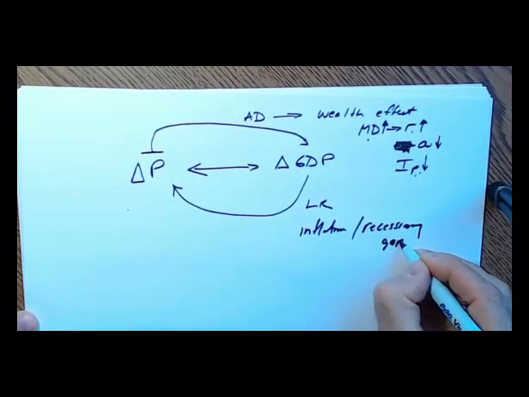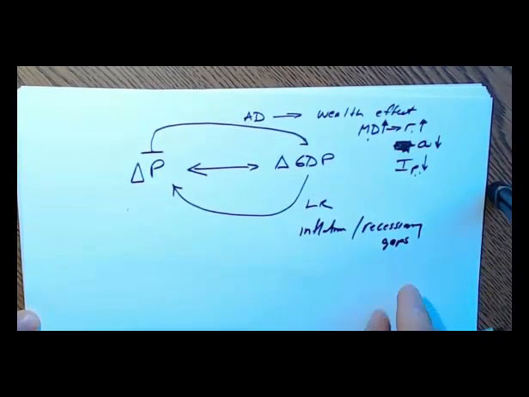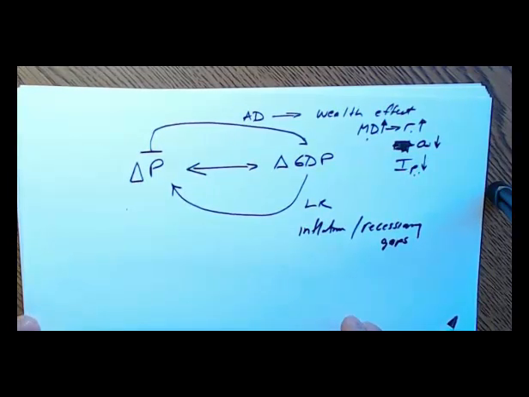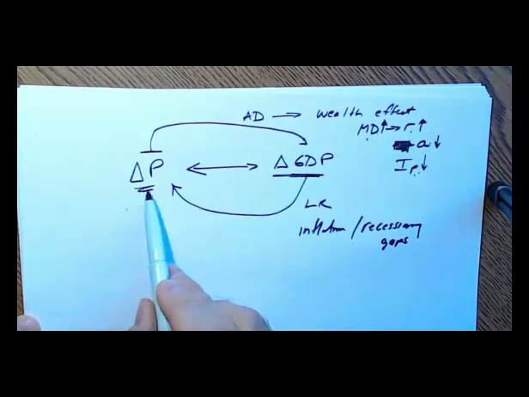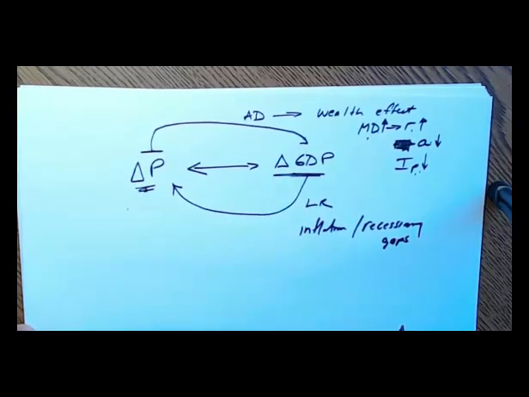And those gaps caused changes in wages in the long run, and those changes in wages caused the short-run aggregate supply curve to shift back and forth. And that shift back and forth caused changes in GDP, and ended up causing changes in prices. So there we have it. The whole circular relationship.